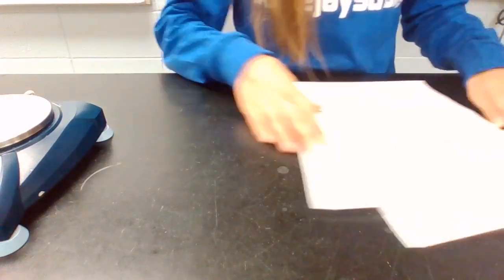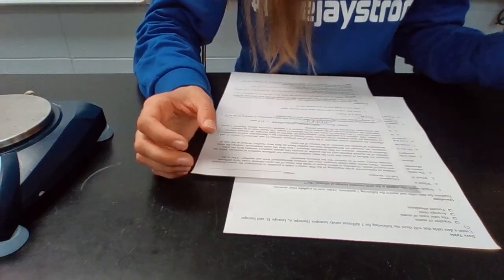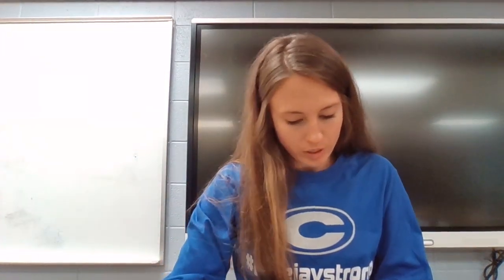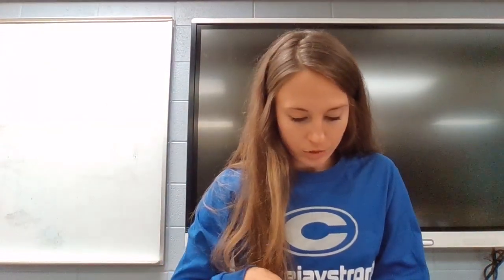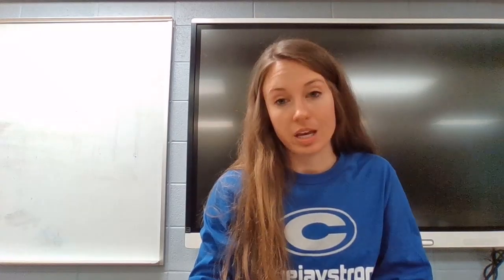Okay, so you should have the number of atoms and the total mass of atoms for all 3 isotopes in your data table from this video. The next thing you're going to do is follow step 4, and determine the average mass of each isotope to 3 decimal places and record it in your table.